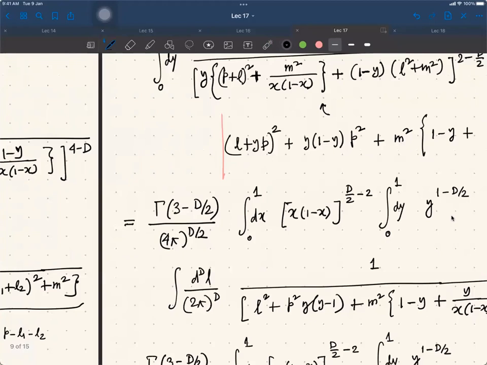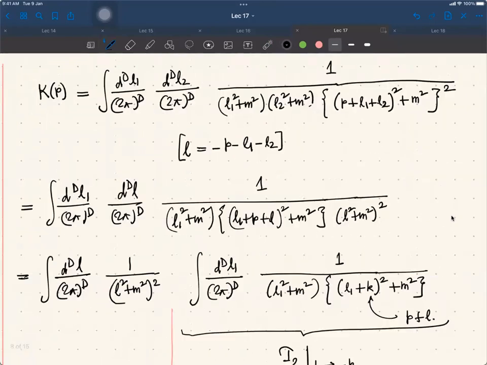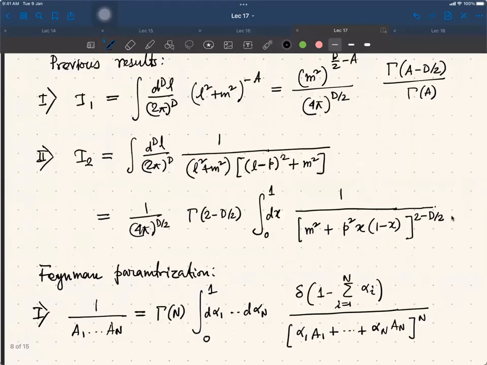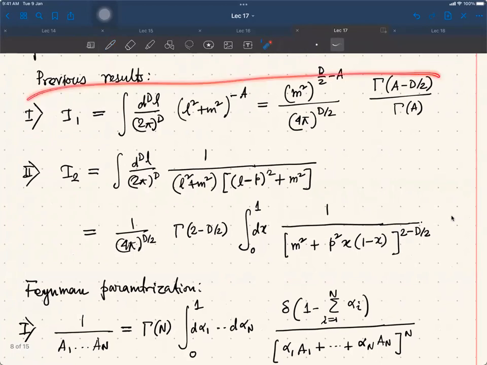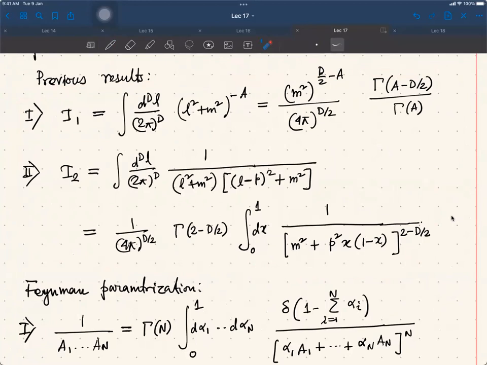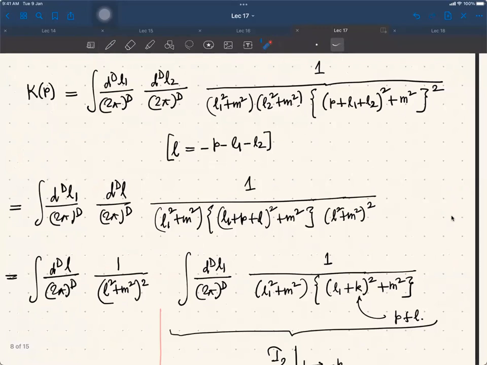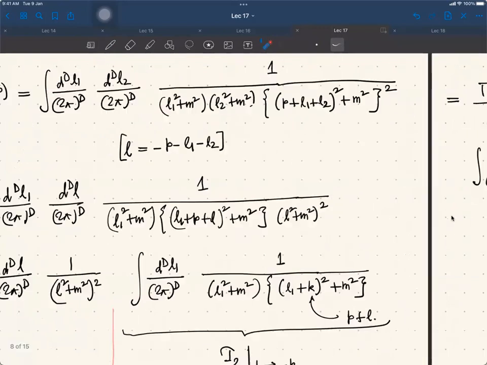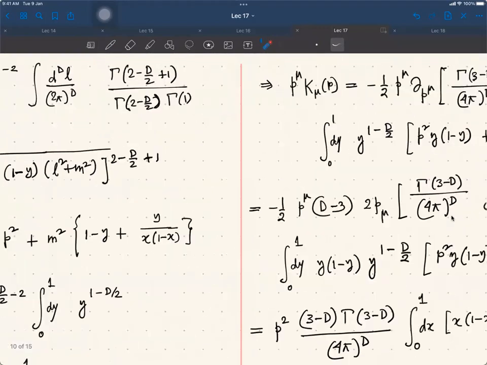So we have, in addition to the previous results for I1 and I2 given in these two equations, one more result for I3, and let me summarize it here.